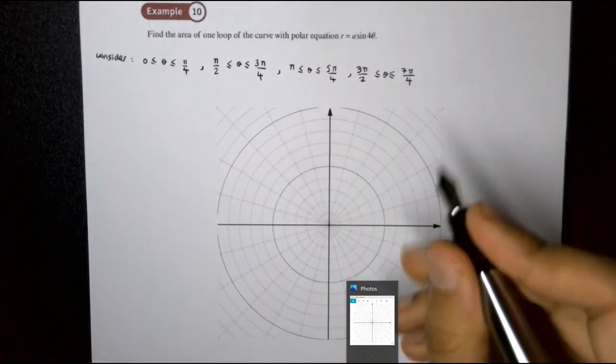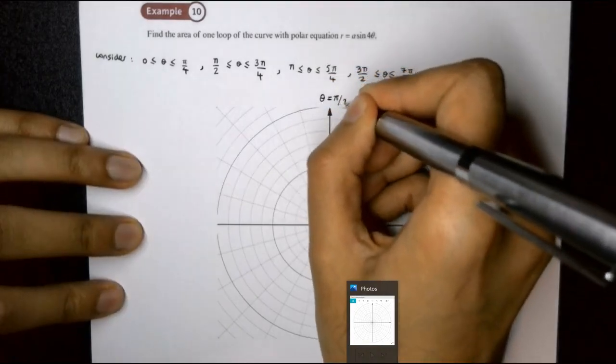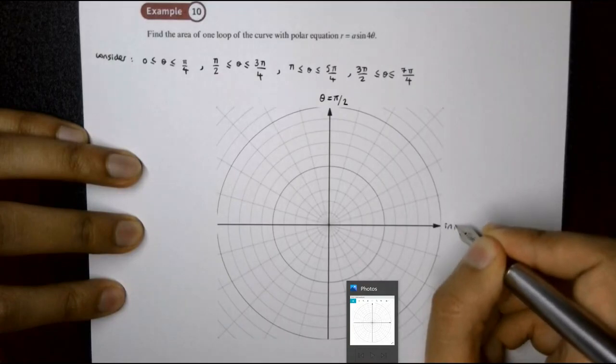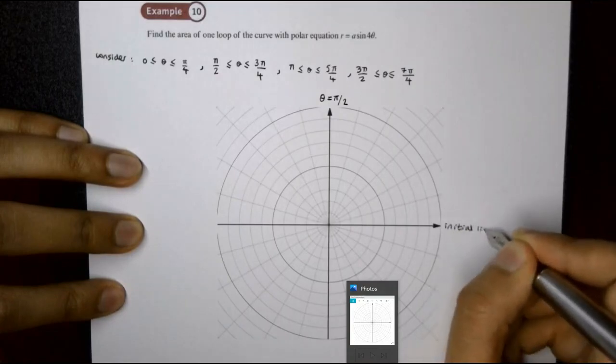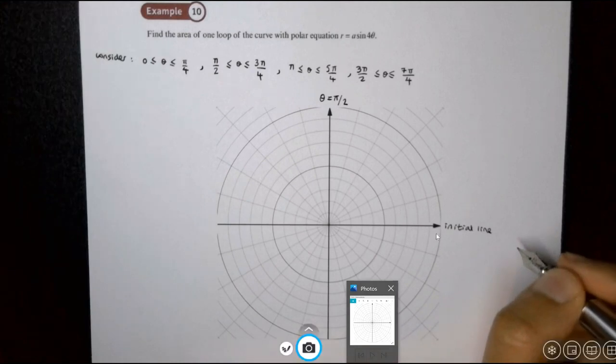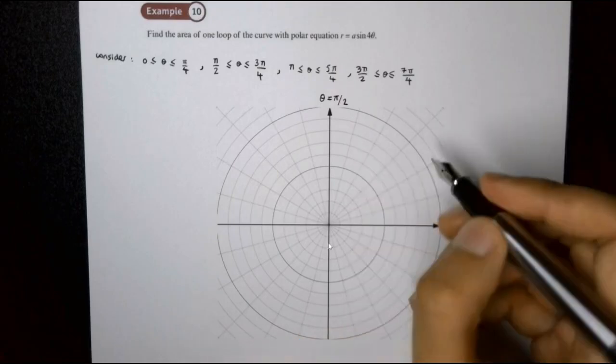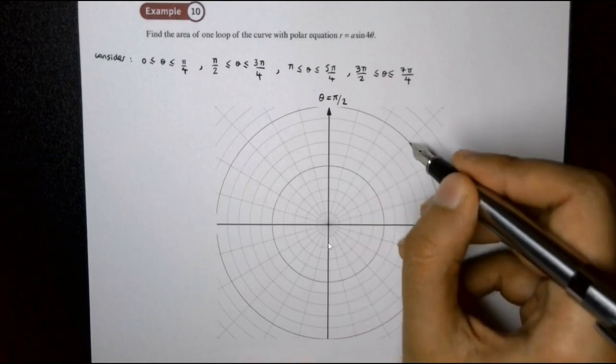So if we think about our line theta equals pi over 2 and our initial line over here, hopefully you can see that between 0 and pi over 4 is over here.